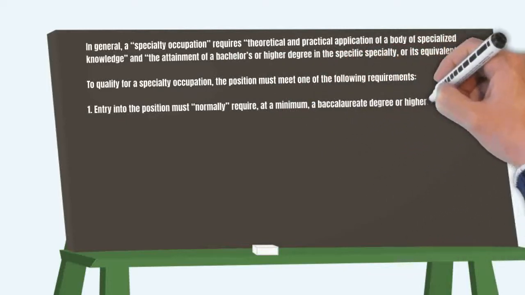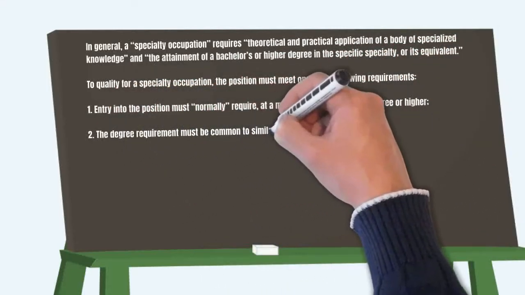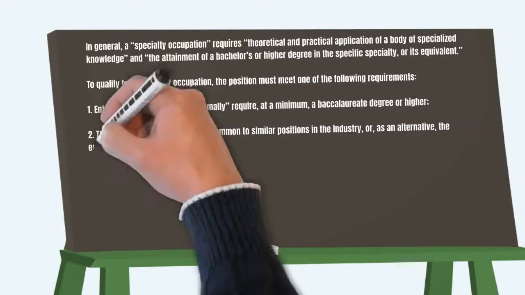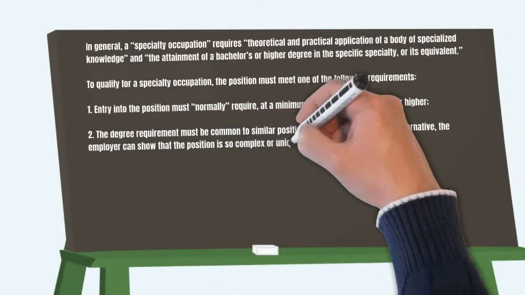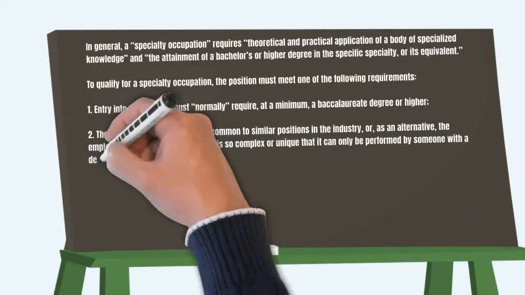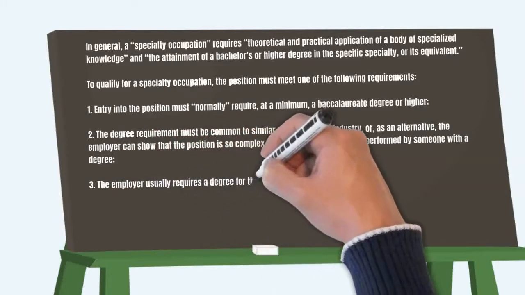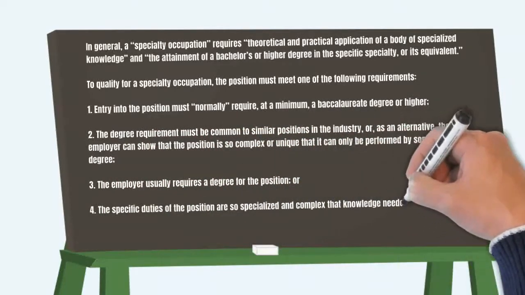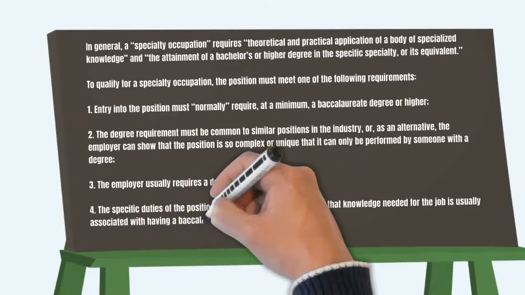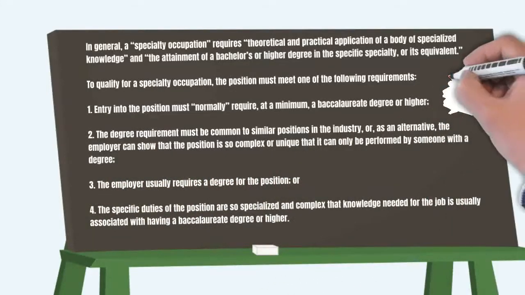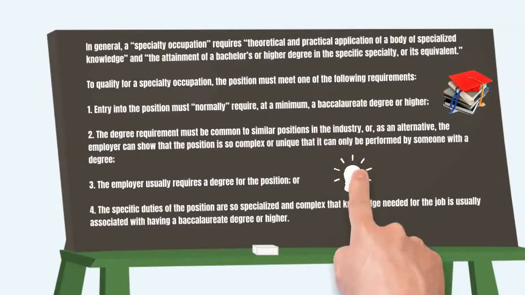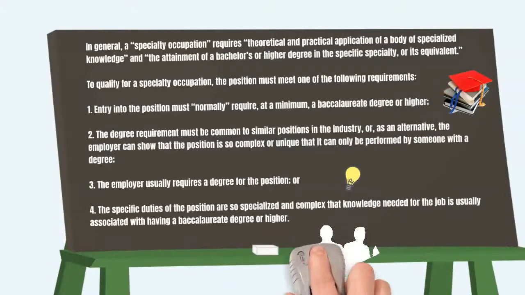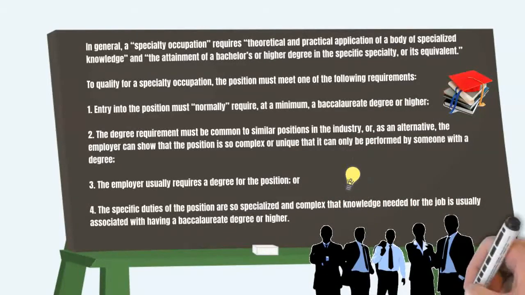The degree requirement must be common to similar positions in the industry, or, as an alternative, the employer can show that the position is so complex or unique that it can only be performed by someone with a degree. 3. The employer usually requires a degree for the position. Or 4. The specific duties of the position are so specialized and complex that knowledge needed for the job is usually associated with having a baccalaureate degree or higher.